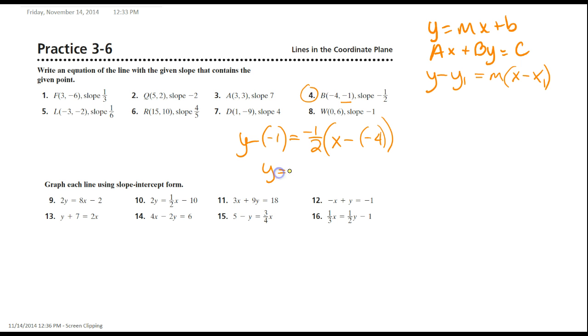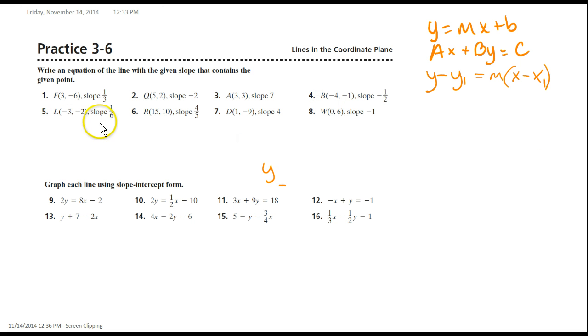Simplify this, and I'm at y plus 1 equals -1/2 x, and now distributive property, -1/2, and this would simplify to be x plus 4. So now I've got -1/2 times +4 leaves me with -2. Subtract 1 from both sides, and my final answer is y equals -1/2 x minus 3.